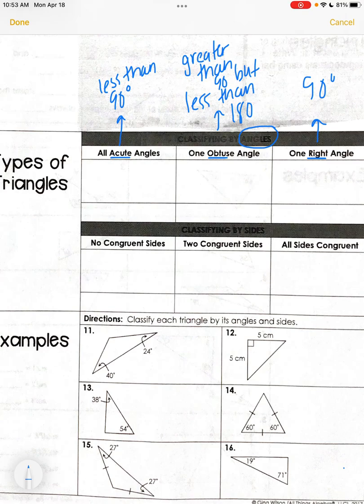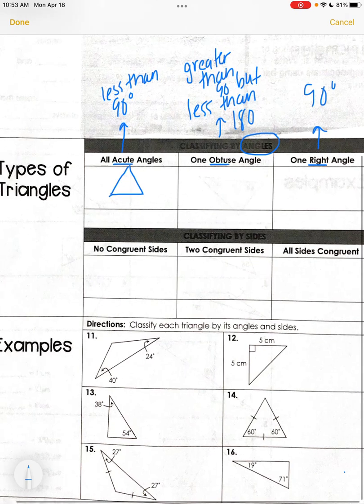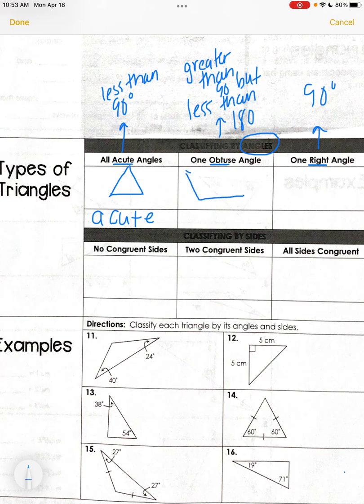So, if a triangle has all acute angles, so all of its angles are less than 90 degrees, that is an acute triangle. If a triangle has one angle that's obtuse, that is an obtuse triangle.